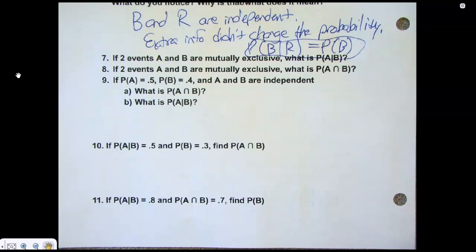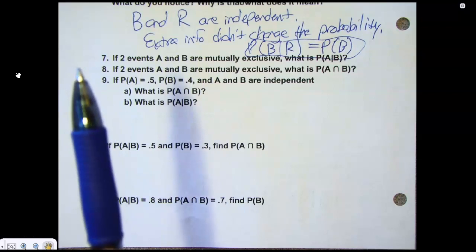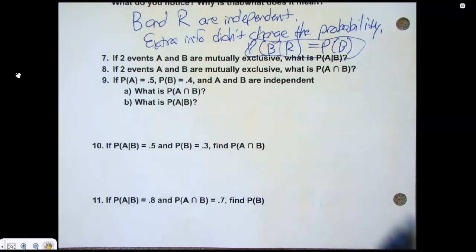How do you have a given, but then have one side of the given be less? It says A given B is 0.5. Just put probability of B is 0.5. That means the one on top has to be even smaller than 0.3. So P of B, the 0.3, is like the size of the circle.